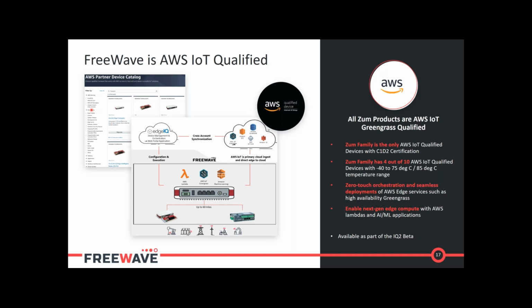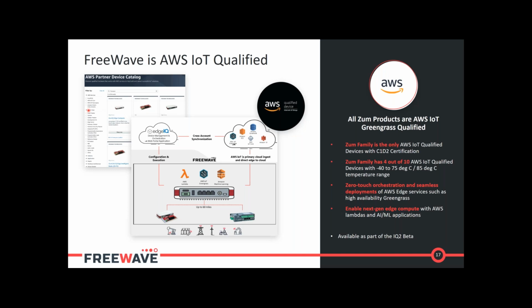And also with the Edge IQ integration, if you or your customers are developing cloud solutions on AWS, they have some nice capability with AWS IoT Greengrass and some other things to be able to run your existing AWS functions at the edge on FreeWave devices. So this is a pretty exciting update, and for customers using this, it makes FreeWave devices even more attractive.